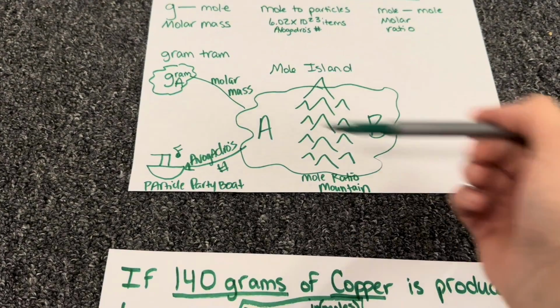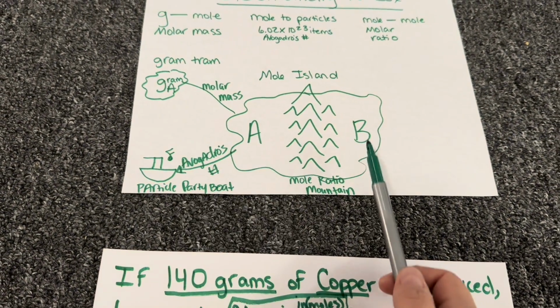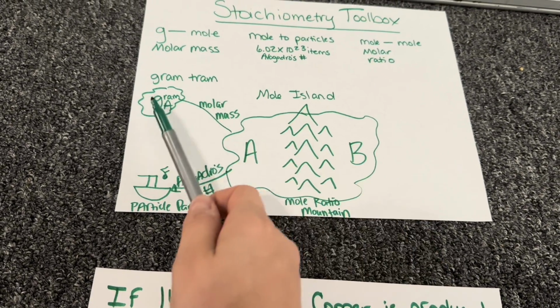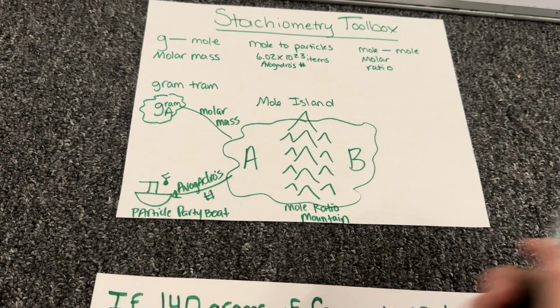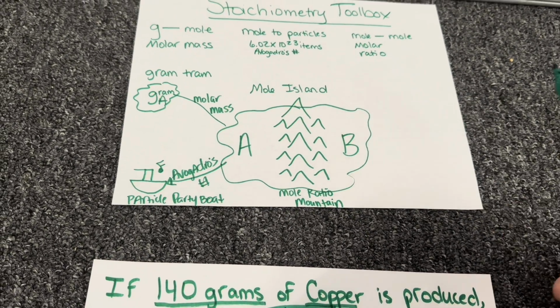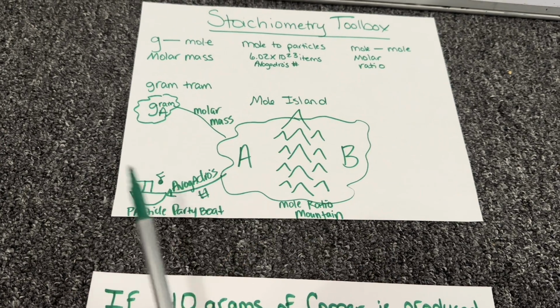If I'm looking at my mole island here, I'm way over here in grams of one thing, and I'm trying to get to moles of another. So I don't have a tool that allows me to take a shortcut through the ocean around Mole Island to get to Mole B. I should see that I'm going to have to do multiple steps in this problem.